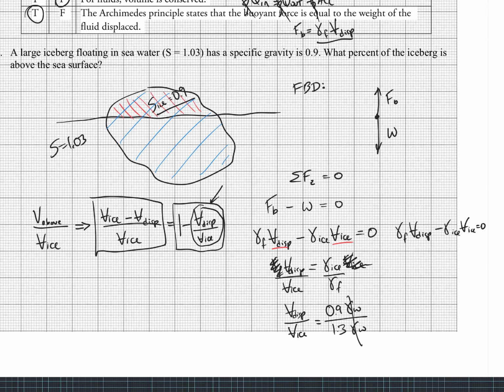So those cancel, and I'm left with a number in the 0.8s, like 0.87379.